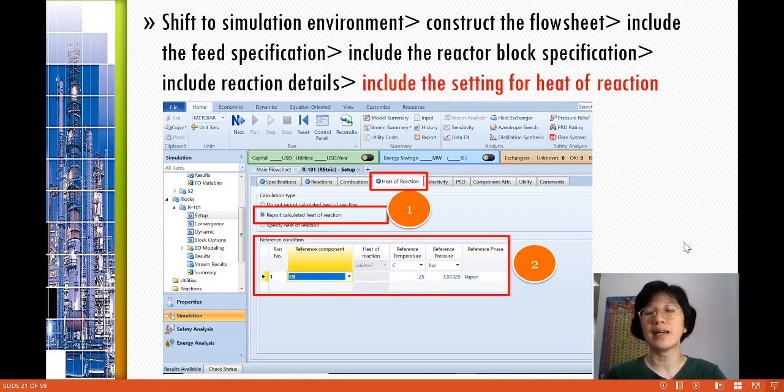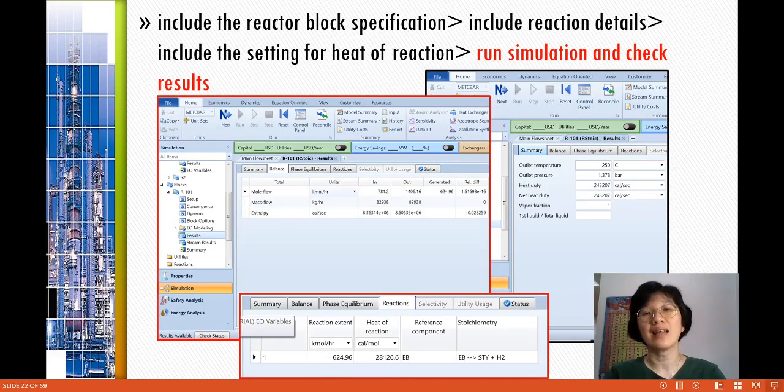Once you have done this, just click next and you'll be guided to a page saying that all the required informations are in, and you can run the simulation and check the results. So under the block, you have the results tab.